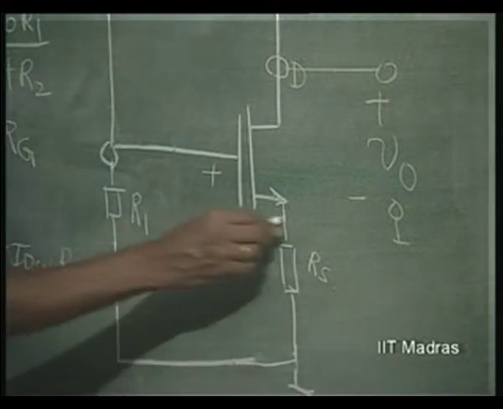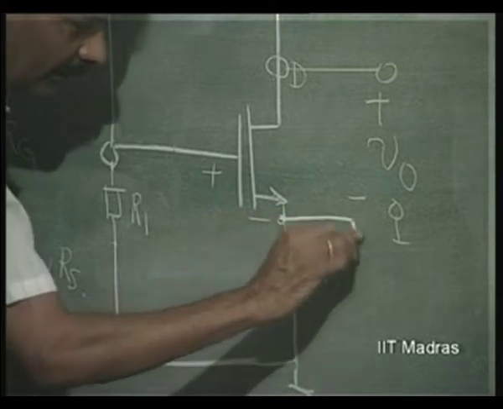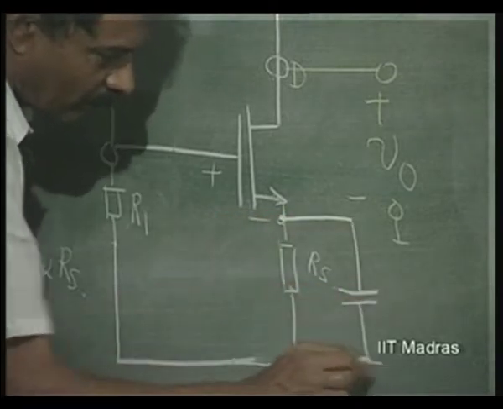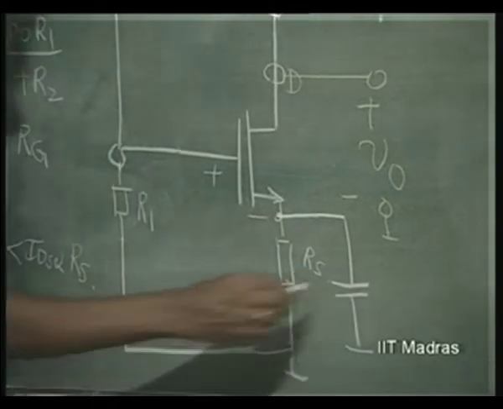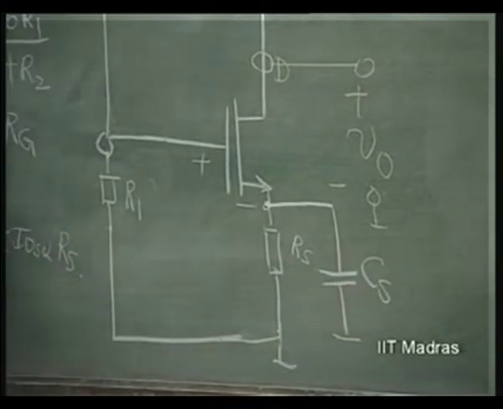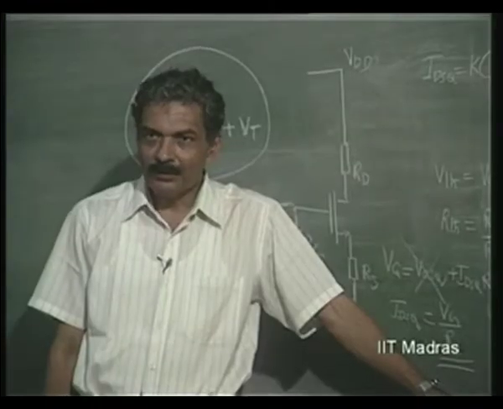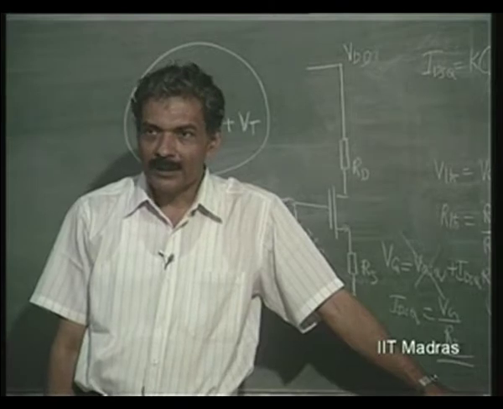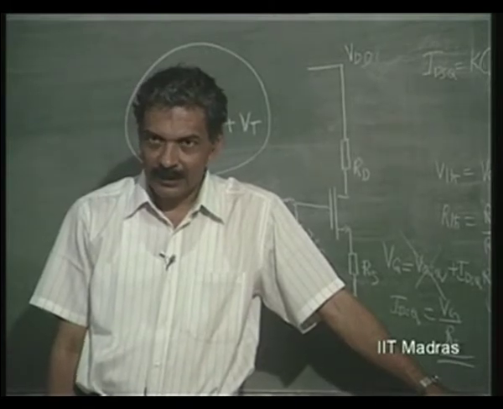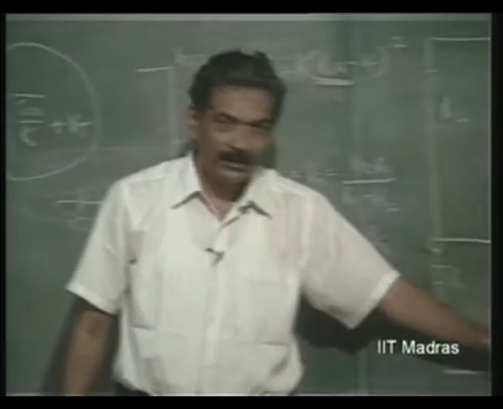So this particular thing later has to be bypassed by using a capacitor CS. This also we had seen earlier, how to select the value of the bypass capacitor. It should be selected in such a manner that it is a short circuit compared to any impedance seen across it.